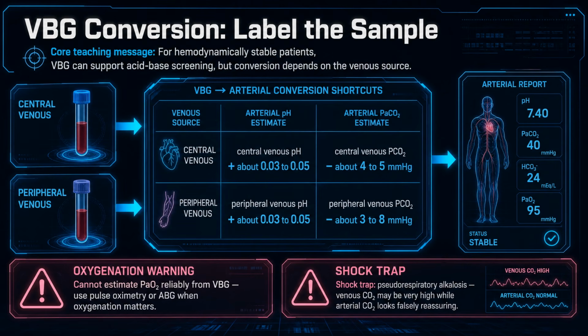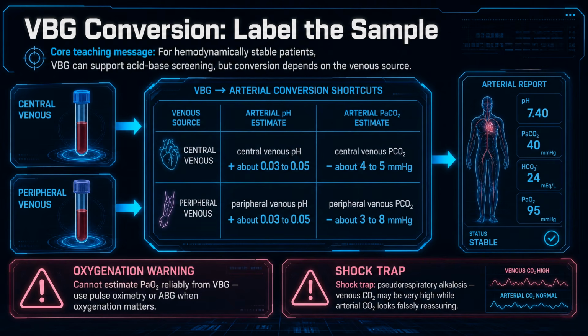If you use a venous blood gas, label the source. Central venous and peripheral venous values are similar, but not identical. As a practical teaching shortcut, arterial pH is usually about 0.03 to 0.05 higher than venous pH. For central venous carbon dioxide, subtract about 4 to 5 millimeters of mercury to estimate the arterial value.